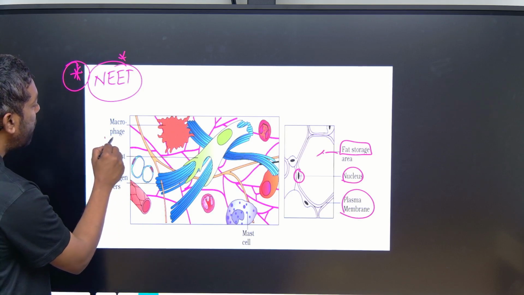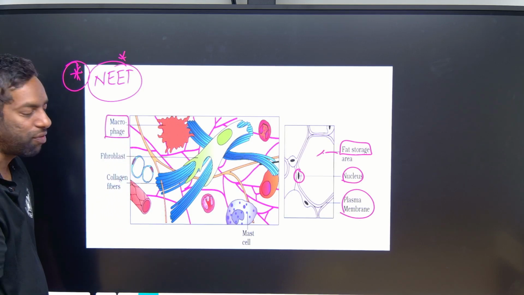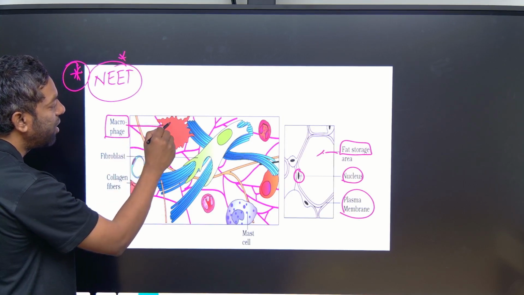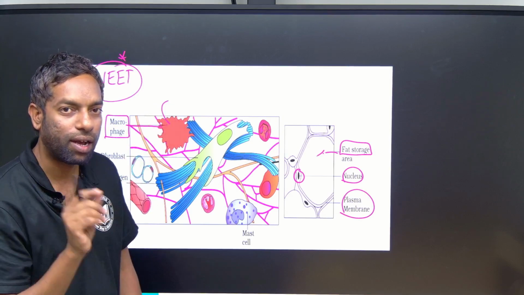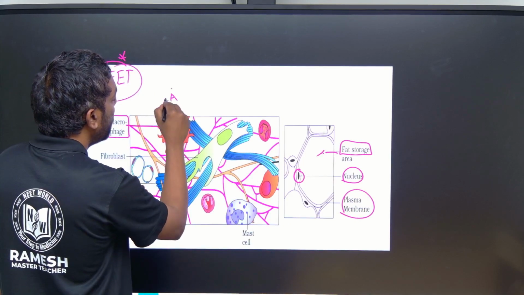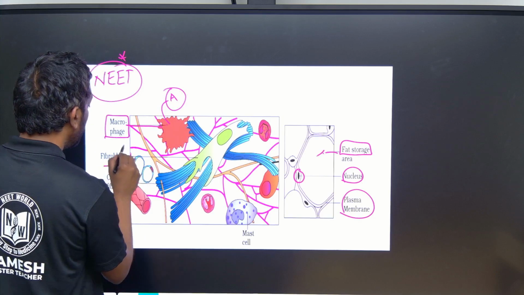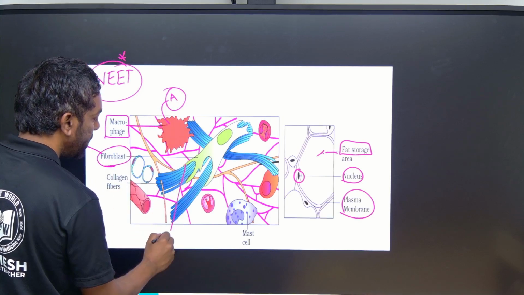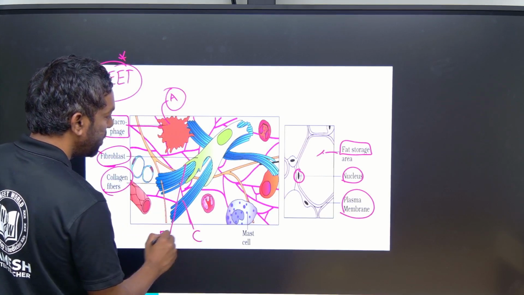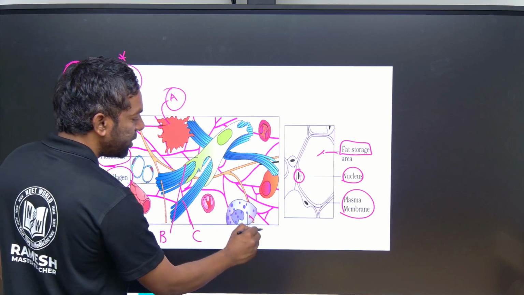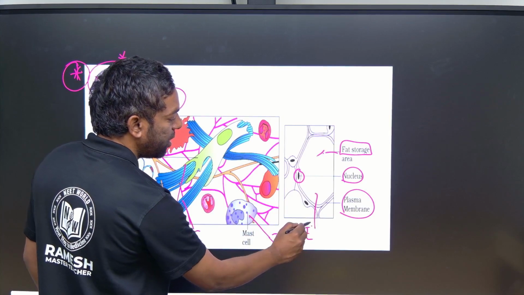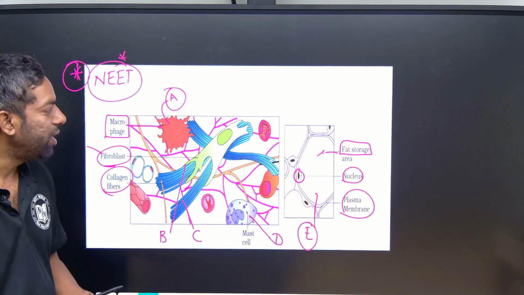And macrophages. Macrophages are what? This is the macrophage diagram. They can ask you this diagram in the exam. They can give you this is A, this is B, fibroblast cells, collagen fibers this is C, this is D, and this is E. They can give you A, B, C, D in this diagram.